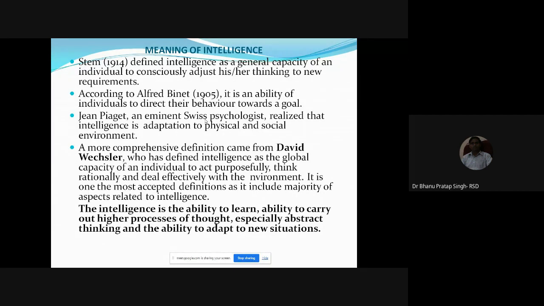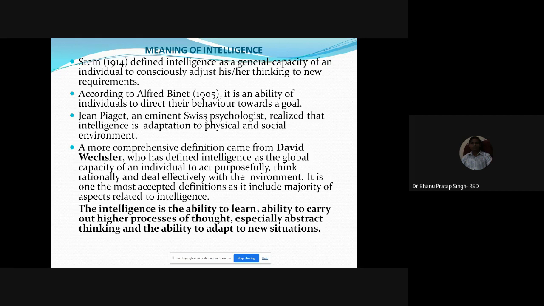Alfred Binet has also defined intelligence, then it is an ability of individual to direct their behavior towards a goal. Jean Piaget was the most important, eminent psychologist. He realized that intelligence is adaptation of physical and social environment.